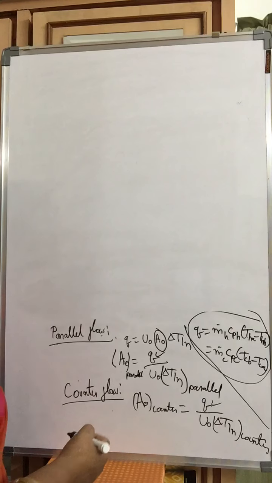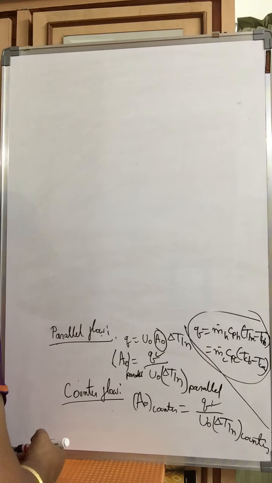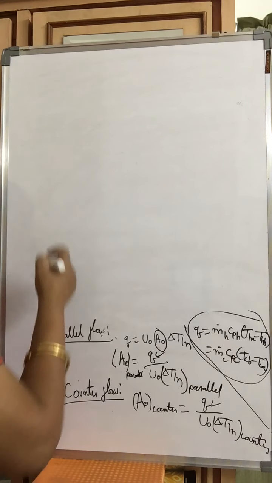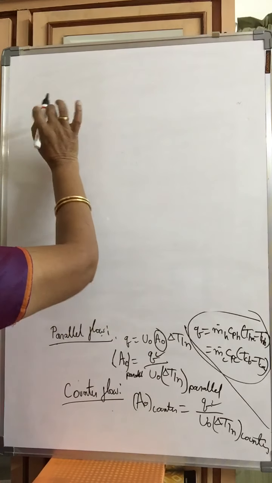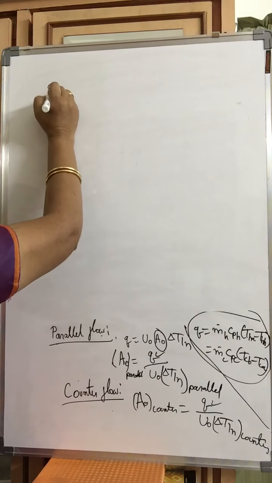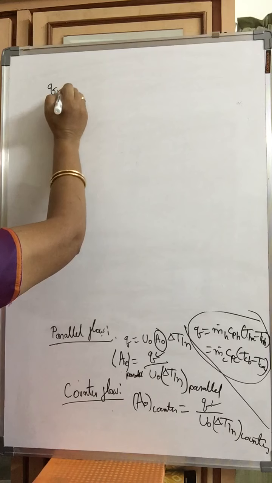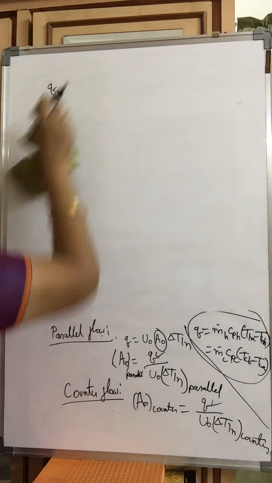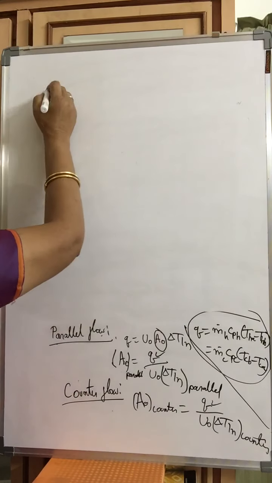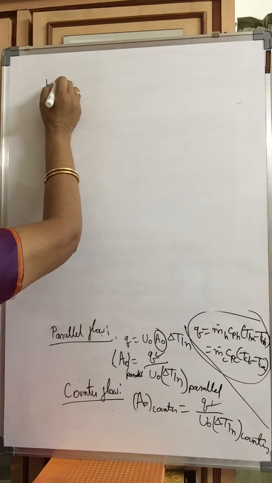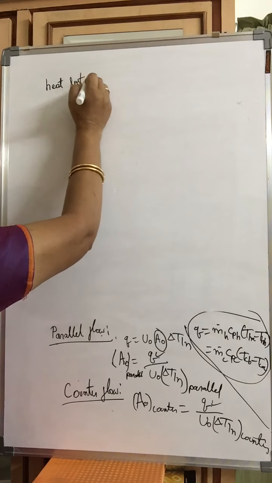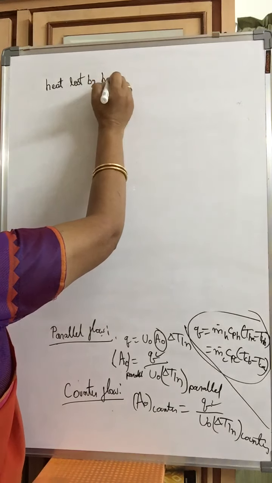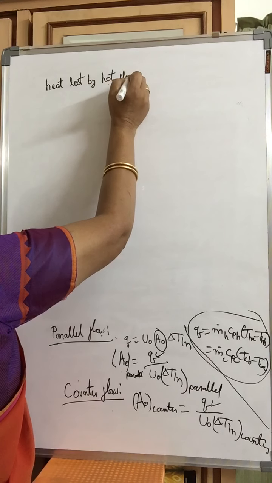So, how to calculate now Q? Mass flow rate, all the data is given. First we write heat lost by hot fluid. Hot fluid is alcohol only.